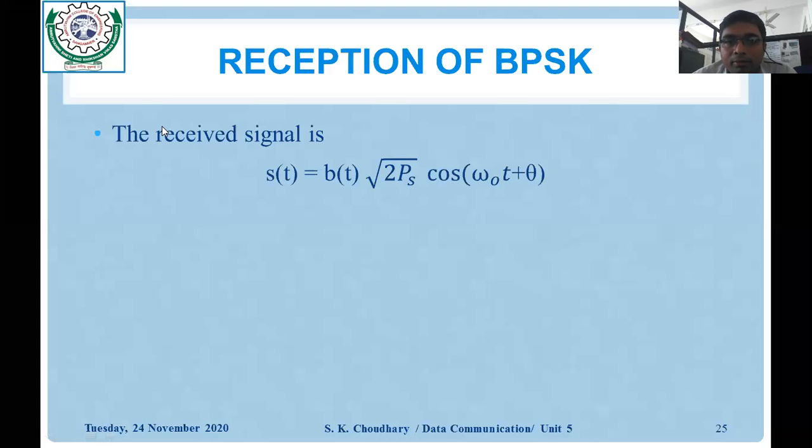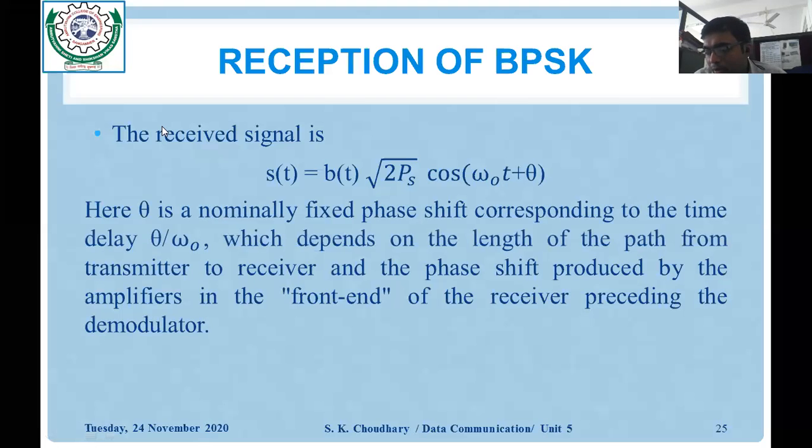Generally, the equation we use to represent the received signal is s(t) equal to b(t) square root of twice P_s cos(2 omega naught t), that we have already seen at the transmitter end. The same signal is going to be received here. Here, one thing is added, that is theta.